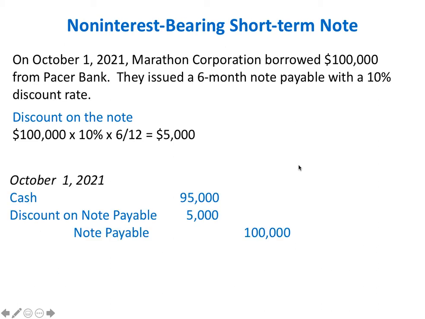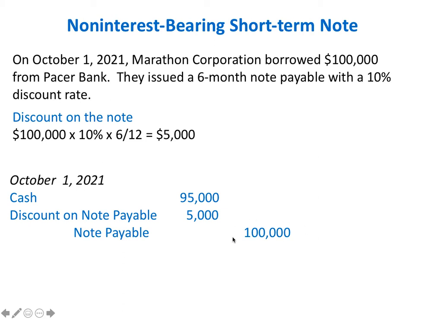When Marathon issues the note, they are only receiving $95,000 now from the lender. The other $5,000 is debited to a contra liability account called discount on note payable, and the entire maturity value is credited to note payable. We don't view this as a principal amount anymore.